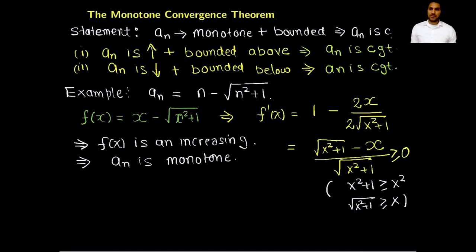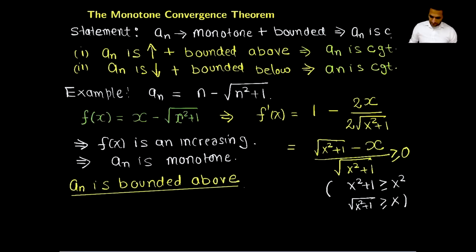Now, since this sequence is monotonically increasing, all I need to show is that it is also bounded above. I need to find a real number such that every term of this sequence is less than or equal to that number. Now let's show whether this sequence is bounded above.